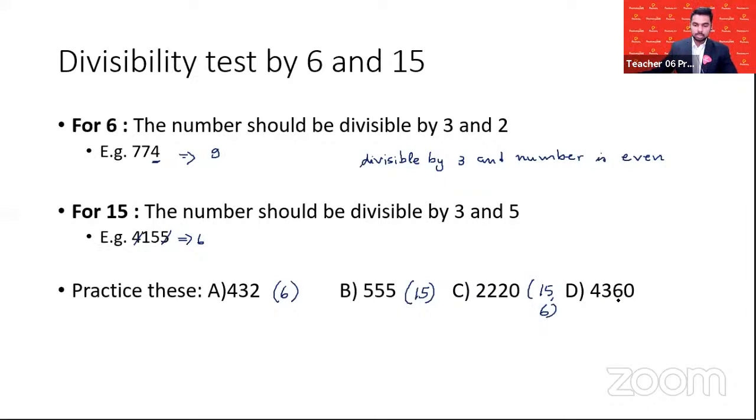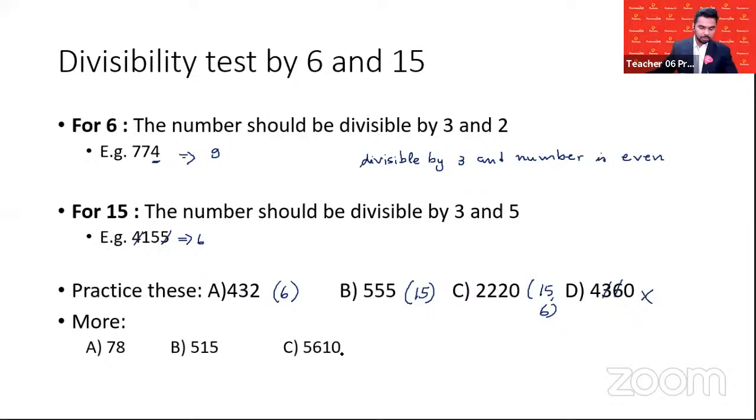What about 4360? We can cast out 6 and 3 because of the 9 in the digit sum. 4 and 0, the digit sum is equal to 4. And what we are left with is, in fact, not divisible by 3. So this does not divide both 3 and 15. So we'll just put a cross mark to indicate that.